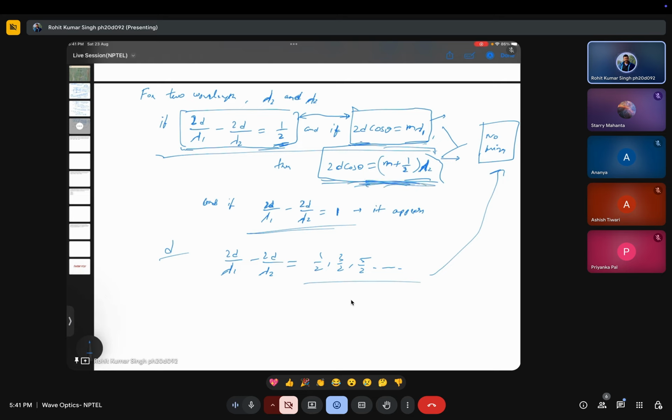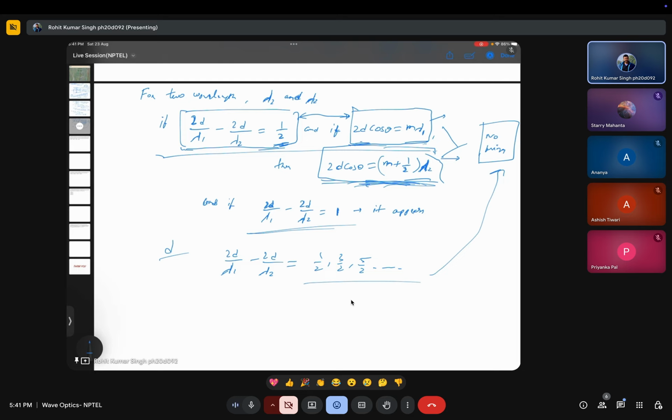And then the fringes will disappear. In the experiment, you just control the distance between the two mirrors. If you change it very carefully, slightly, you will see that there will be a distance for which no fringes will be observed.